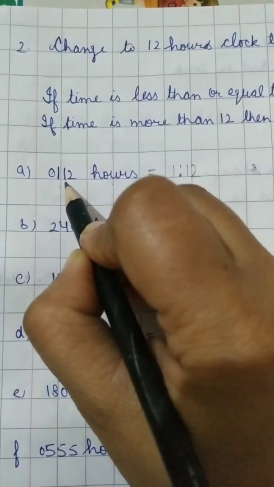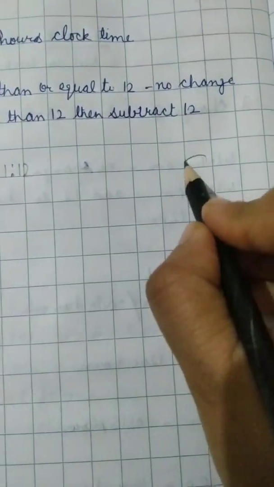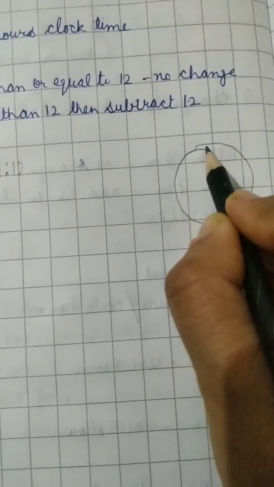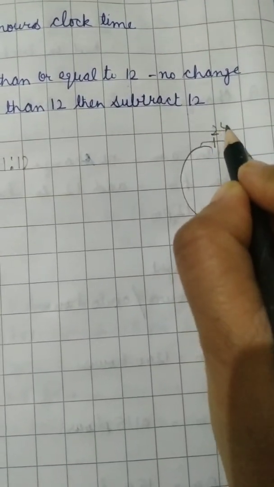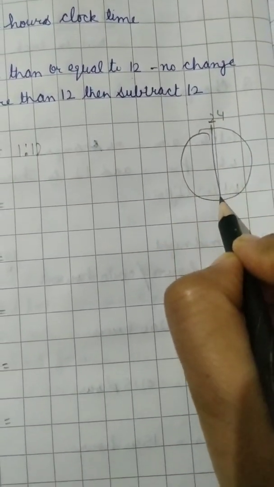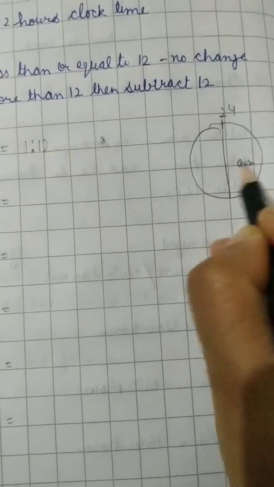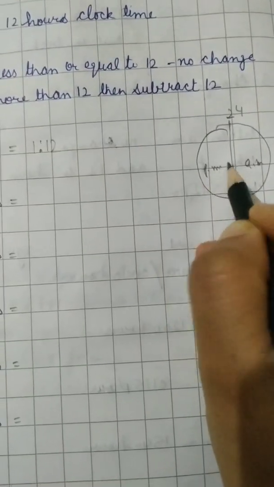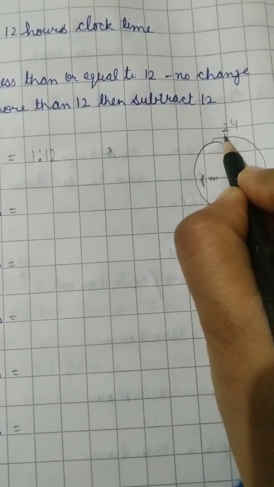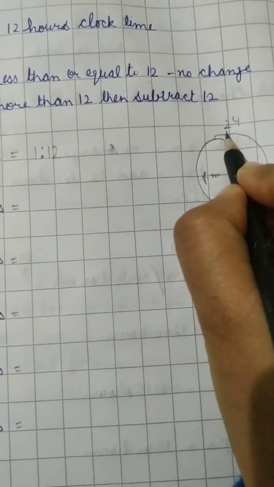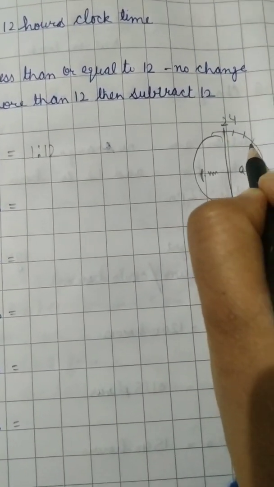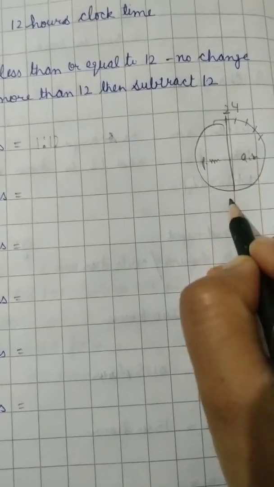Now children, I am drawing this 24-hour clock just for your memory, and just divide it into two parts. This side is AM side and this side is PM side. Here from 12 midnight, the day starts with the time 1, 2, 3, 4 until 12 noon.